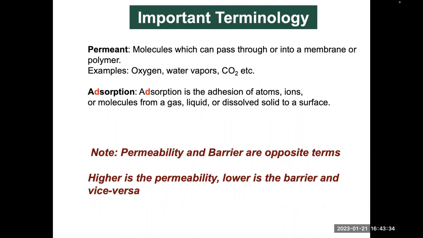So if you have higher crystallinity, you tend to see higher barrier performance, or you see lower permeability through the material, because you tend to have less space between the chains, and molecules cannot pass through those areas.